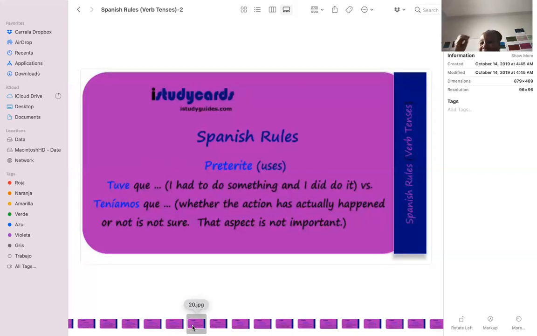And it's not the same in English as in Spanish. A lot of English speakers have a hard time distinguishing the two, because we don't think in the same way when we're thinking about the past. A Spanish speaker thinks about it differently than an English speaker.